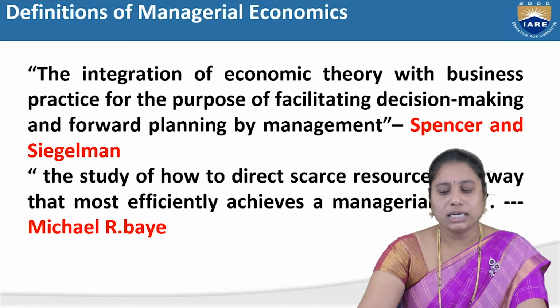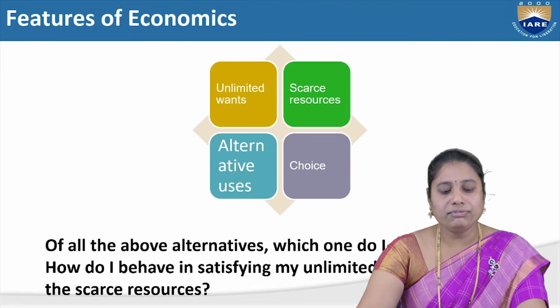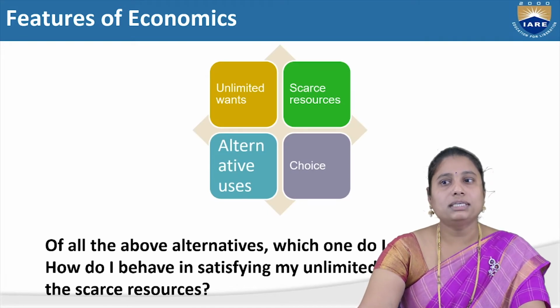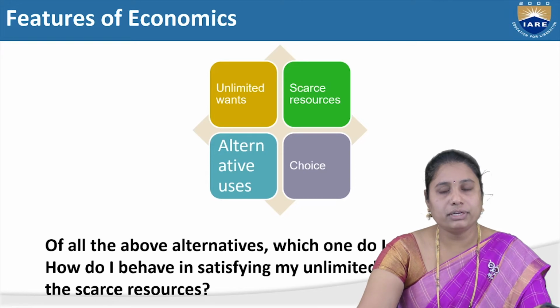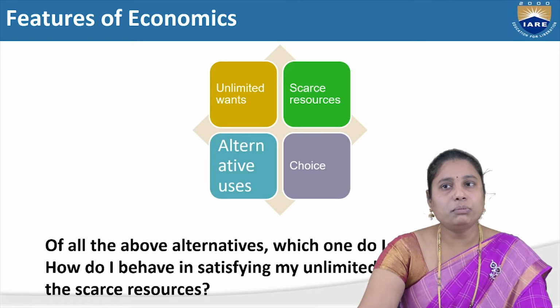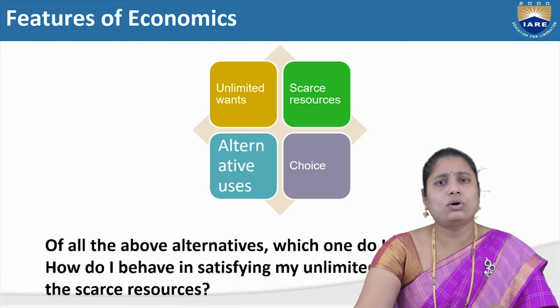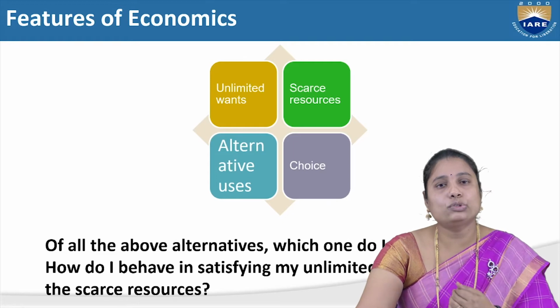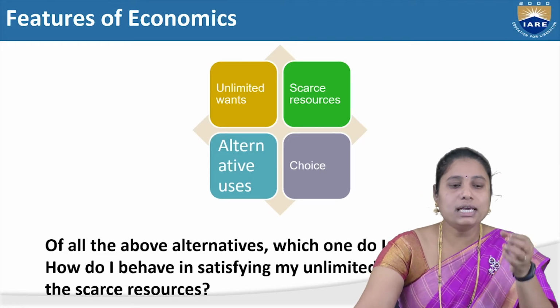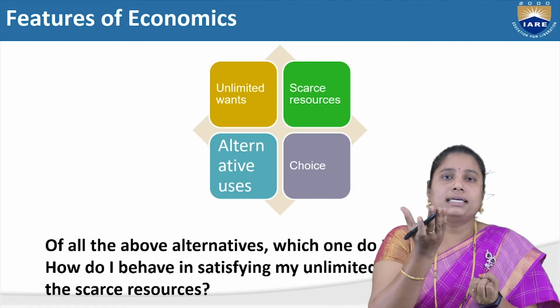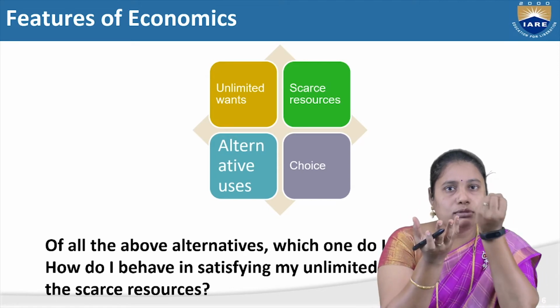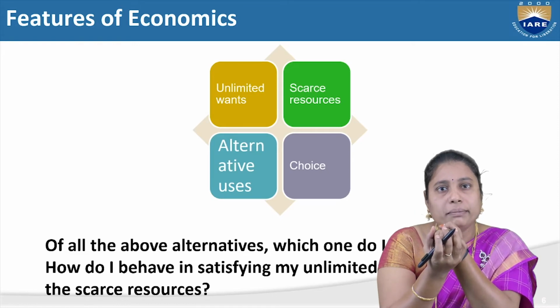That is the managerial economics definition. Looking at the features of managerial economics, it deals with unlimited wants, because people's desires are unlimited but the resources are limited. Scarce resources means limited. Our requirements are unlimited, so these limited resources have to be adapted for these unlimited wants.